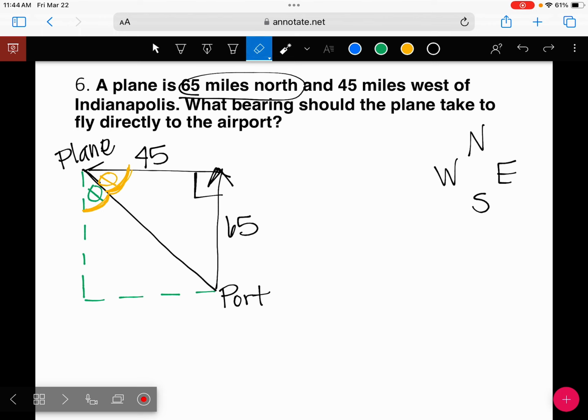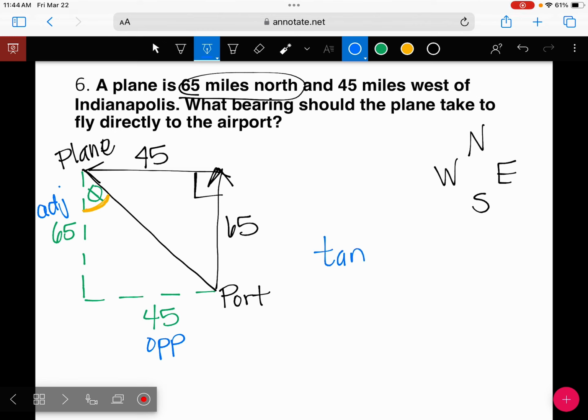Okay, so again, we have our 65, which can also be here, and we have our 45, which is here. So for our bearing, the 45 is opposite, the 65 is adjacent.